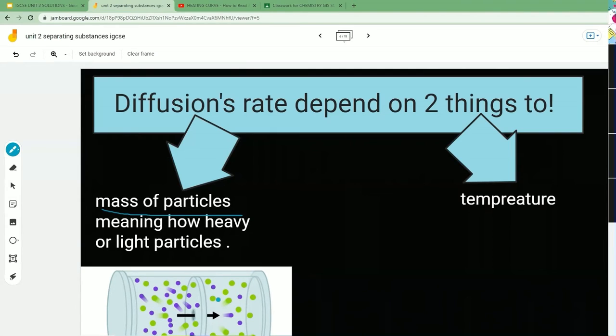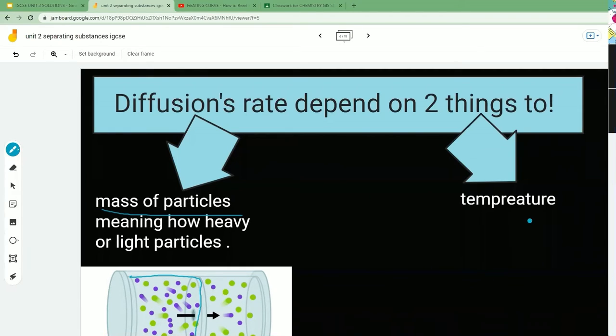Let's suppose on one side of the container, this part, I have two gases. One is of purple color and the other one is of green color. I separated the gases through a barrier, and it has holes inside it. If you have a barrier and things can pass through it, it is called porous. Remember, porous means that it has holes inside it.